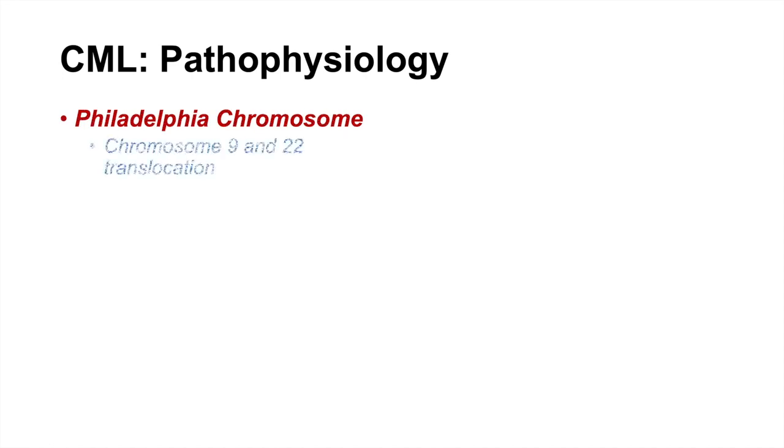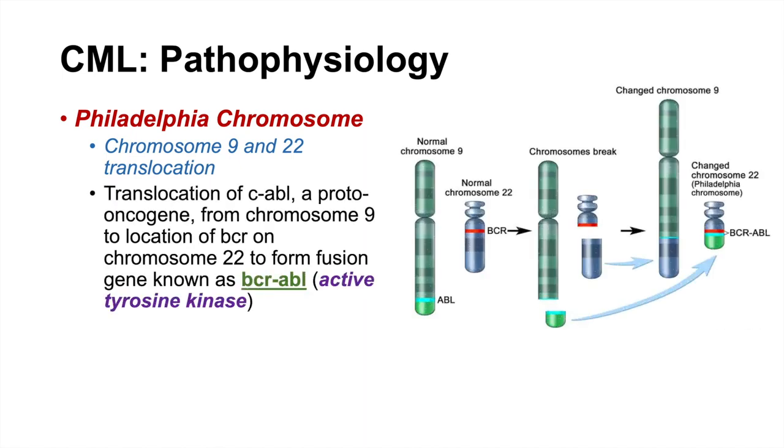So the pathophysiology of CML has to do with what we call the Philadelphia chromosome. The Philadelphia chromosome is the product of a chromosome 9 and chromosome 22 translocation. On chromosome 9 we have a proto-oncogene known as c-Abl, or just Abl, and this piece of chromosome 9 can be swapped for a piece on chromosome 22, so a translocation.